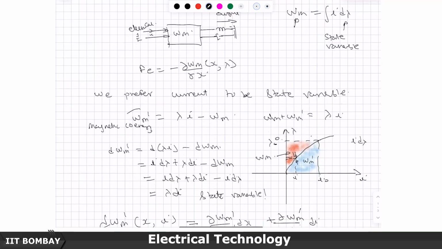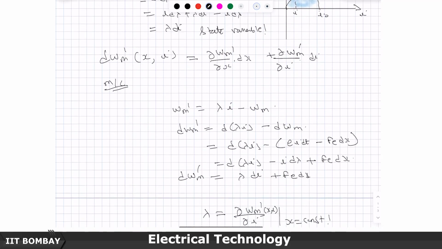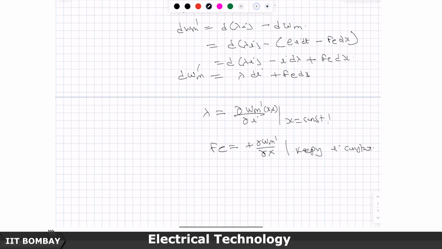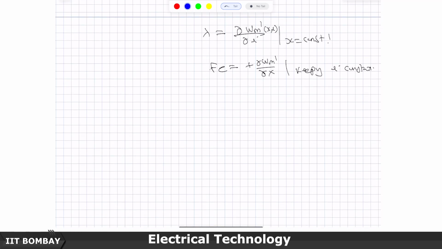So, I guess we are in sync with this, and remember, unlike magnetic energy, here it comes with a positive sign. Before I take multiple electrical energies and multiple mechanical output kind of systems, both linear and rotational, let me just take a simple example.